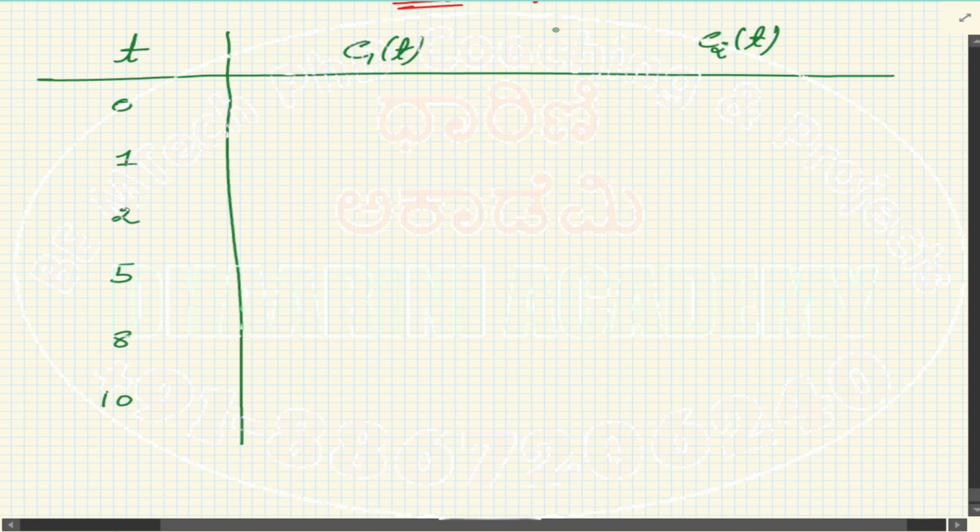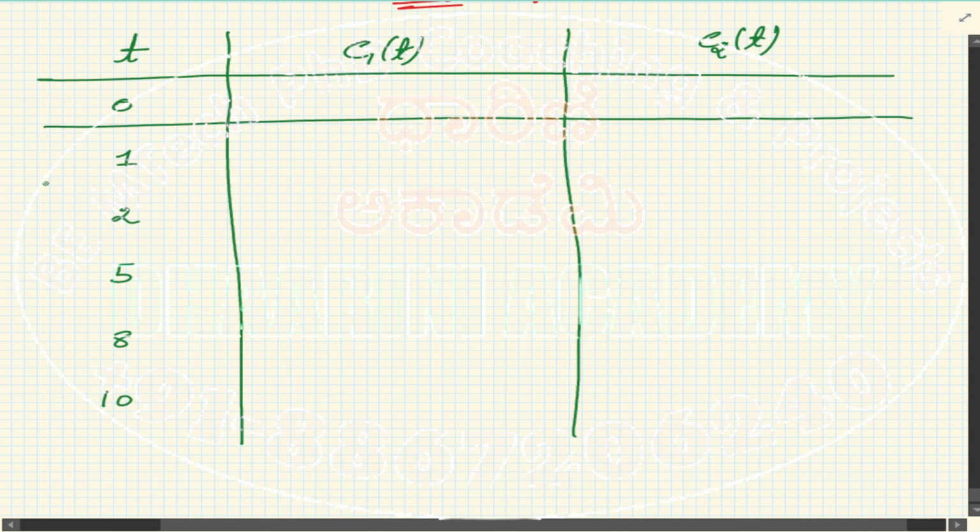Fill this table. In the first equation, put t equal to 0, and we get some answer. The same thing, t equal to 0, put in the second equation, and we get another answer.